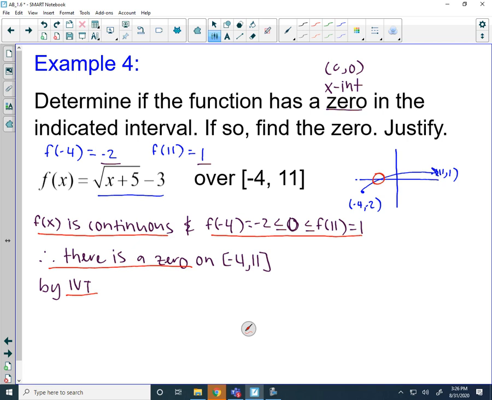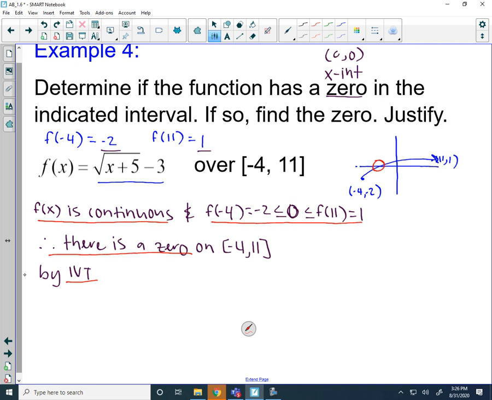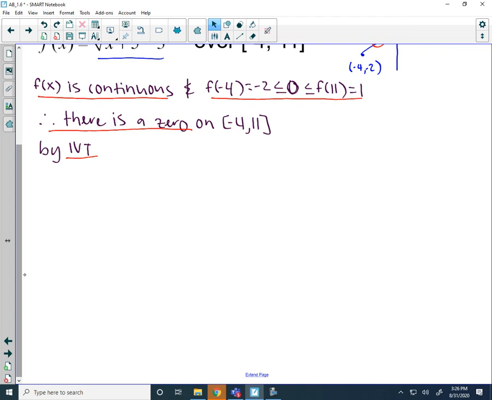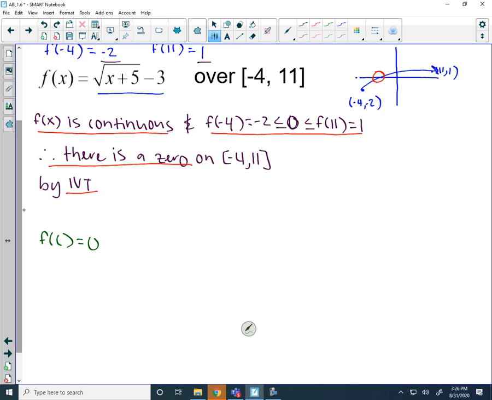So all of this is the proof part. We found that there is a 0 for this function. The second part says find that 0. So that's like saying f of c must equal 0. So f of c, again, that means plug c in for x. So f of c would be the square root of c plus 5 minus 3 equals 0.